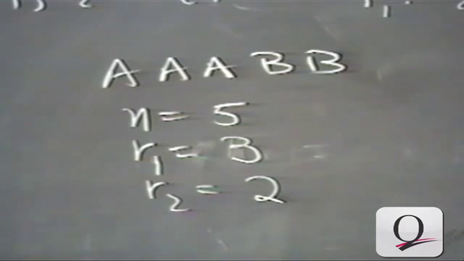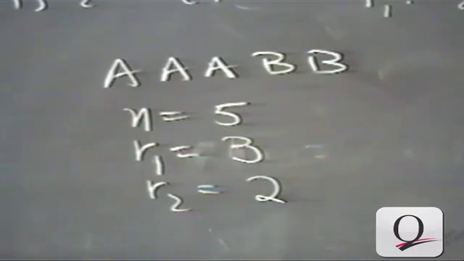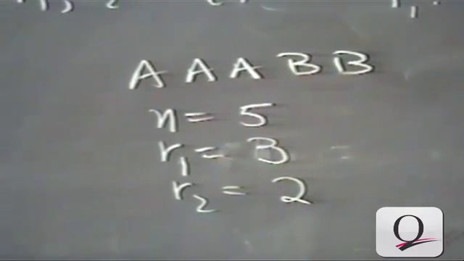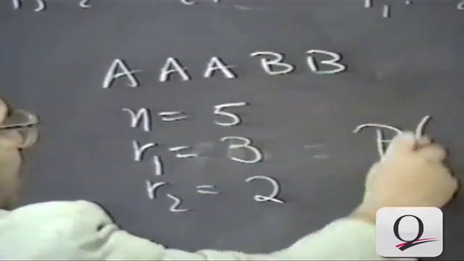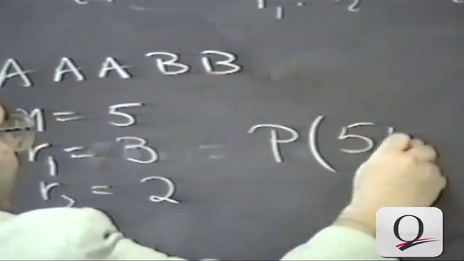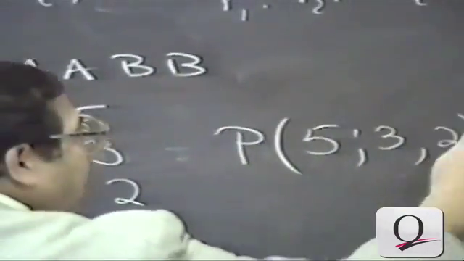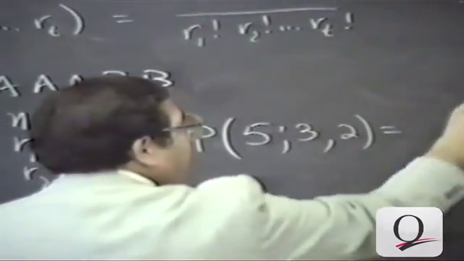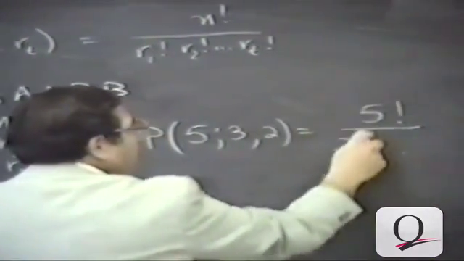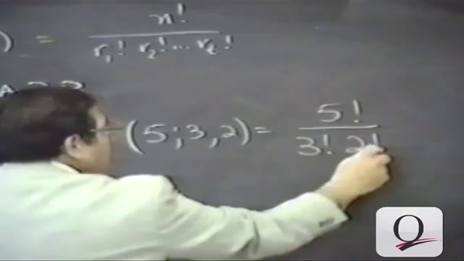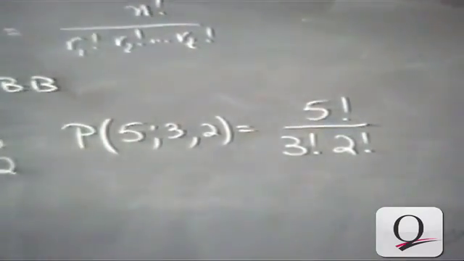So I arbitrarily label R sub 1 as 3, R sub 2 as 2. I could have labeled it the other way. It doesn't matter. And the formula says that P, 5 objects, 3 of one kind, 2 of another, is given by 5 factorial divided by 3 factorial and divided by 2 factorial.